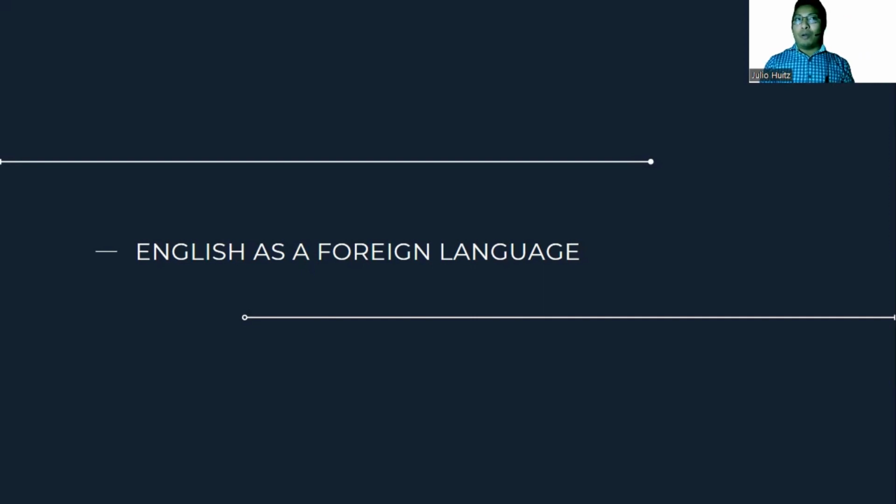So it is not normal for us to go out and listen to someone talking in English, or when we go to the store, the people there won't talk to us in English. They will talk in Spanish. So English as a foreign language is focused on how you will become a master in the English language, but in your country.